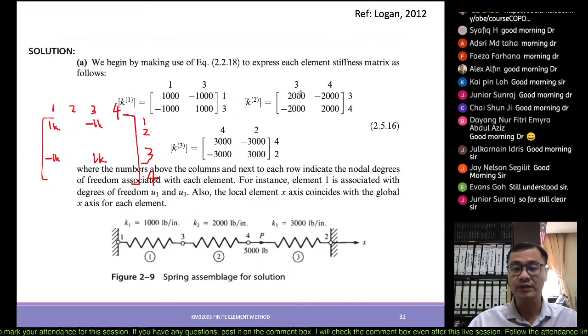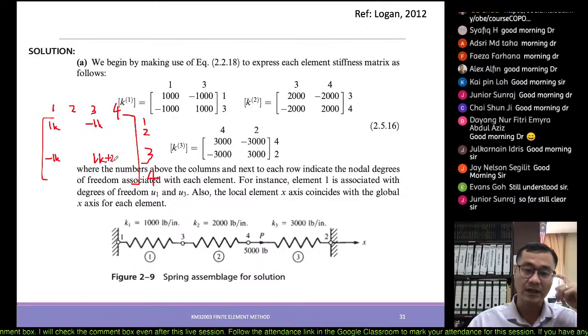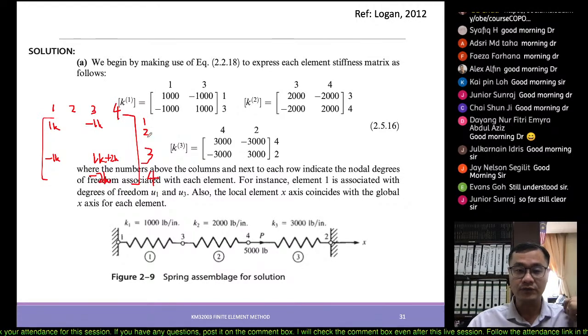Now next is 3 3 again, so we have this positive 2000, and we just add plus 2k. Same thing, 3 4 here is minus 2, then 4 3 is minus 2, and then 4 4 is 2k, very straightforward.